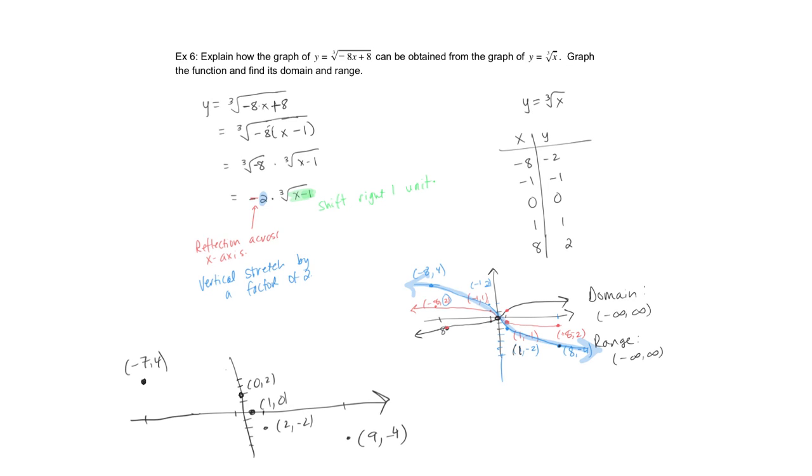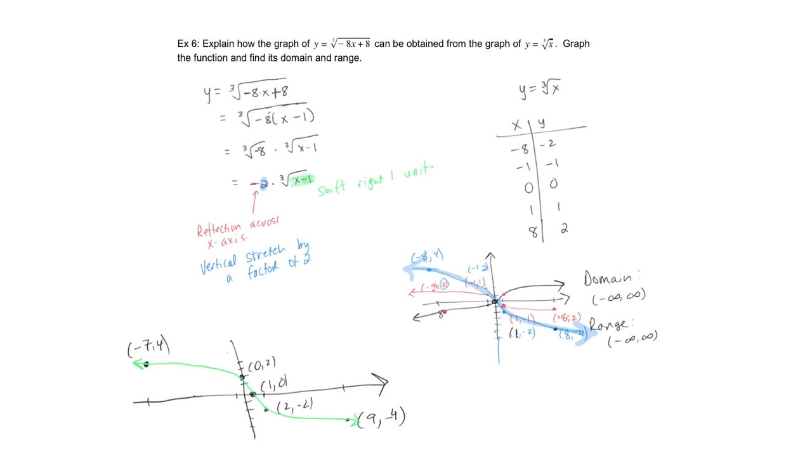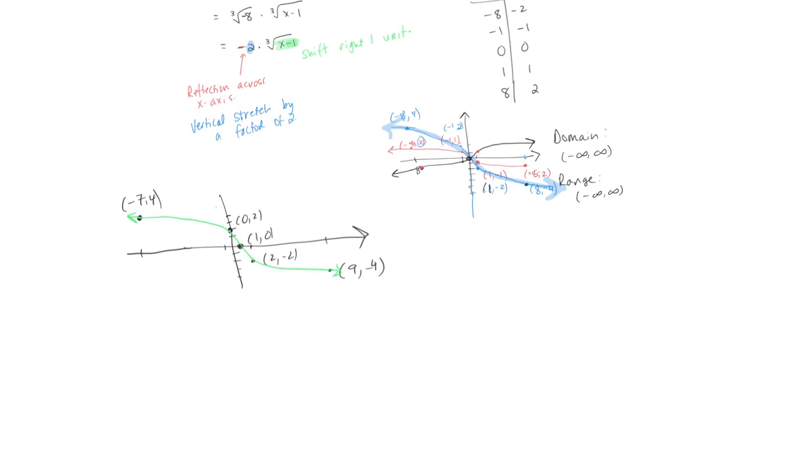Okay, so that curve has just slid over to the right by 1 unit. All right, so we can do it like that with the transformations. The other thing that you can do is just make an XY table for yourself with our new function.